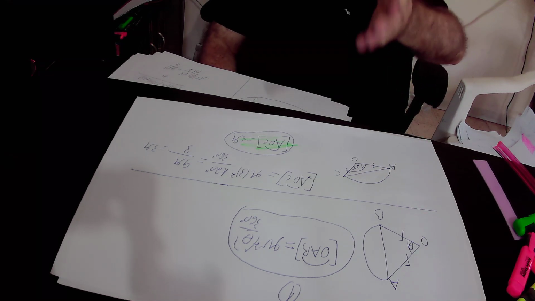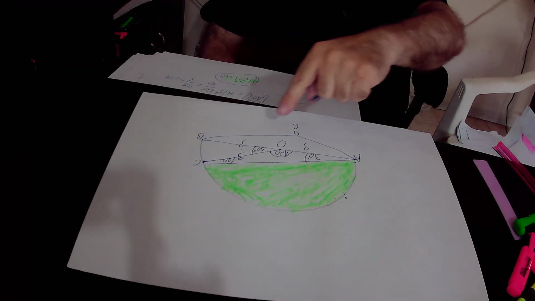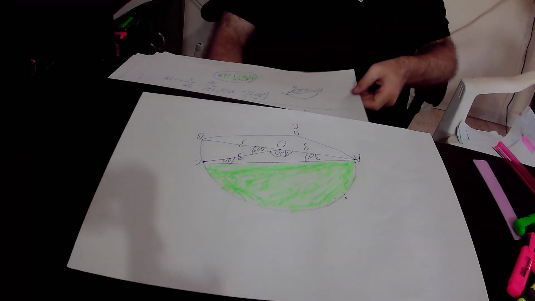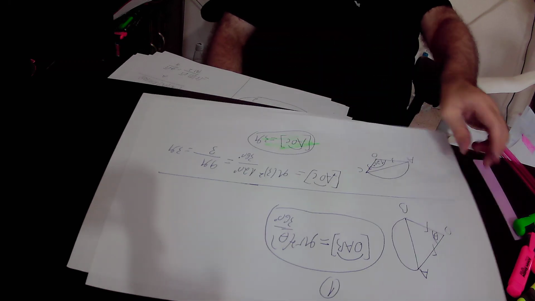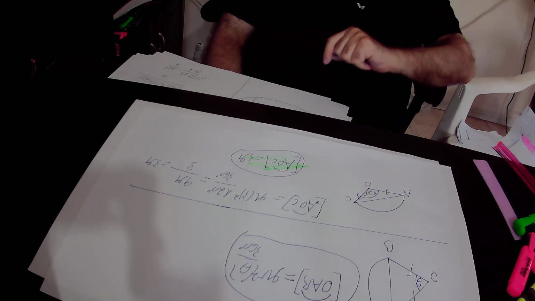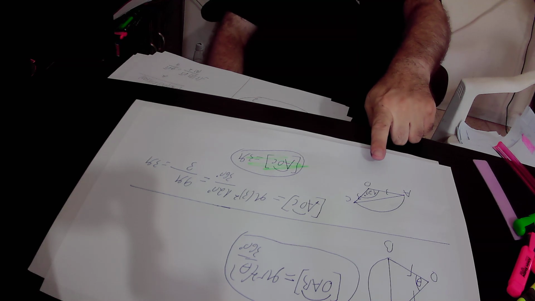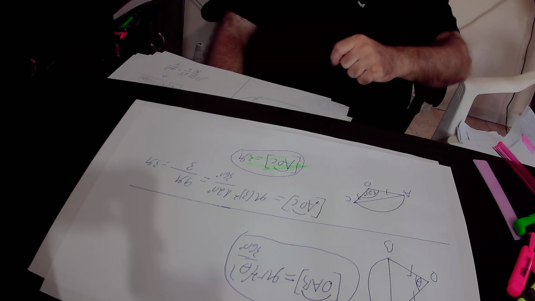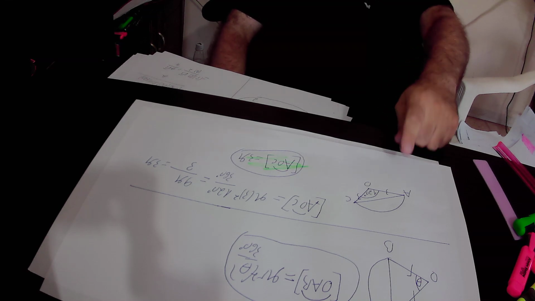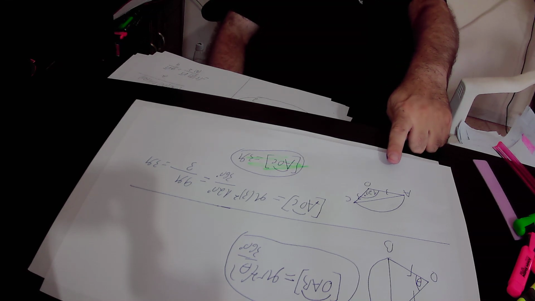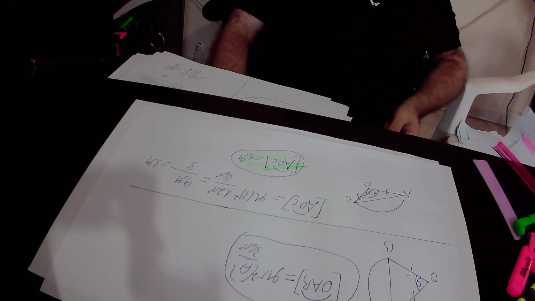Then we use this formula in order to find out the area of this sector, sector AOC. So I copied sector AOC here, and we use the new formula in order to find out its area. The angle between the legs of the sector is 120 degrees, and each leg of this sector is 3 units, that is actually the radius of the semicircle.